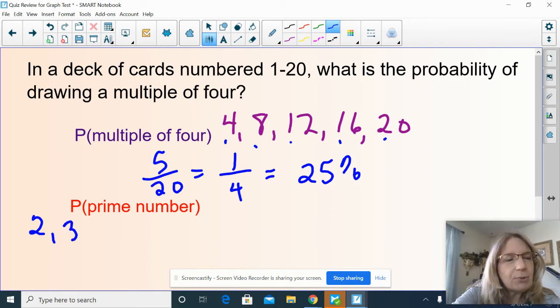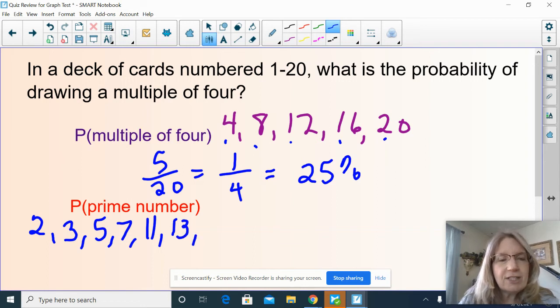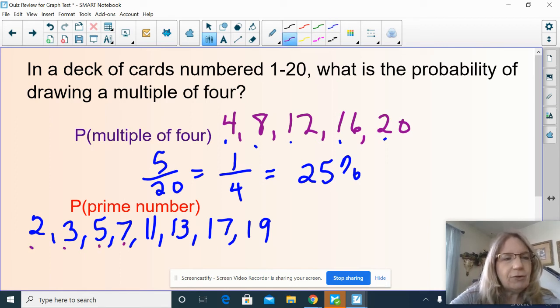The 3 is prime, not the 4, the 5, not the 6, but yes, the 7, not the 8, not the 9, not the 10, 11, not the 12, 13, not the 14, 15, 16, but 17 is, not the 18, but the 19. So how many primes was that? 1, 2, 3, 4, 5, 6, 7, 8. 8 prime numbers out of the first 20 digits.